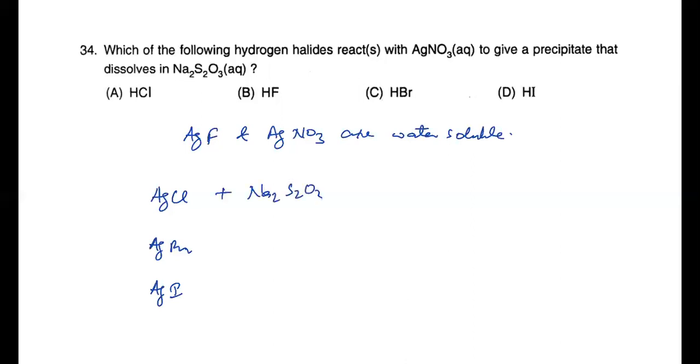Now when they are treated with Na2S2O3, it can dissolve them. So your answer must be A, C, and D. Okay, because it will convert to a silver complex formation. So in all three cases, it will convert to a silver complex, hence their solubility will be there.